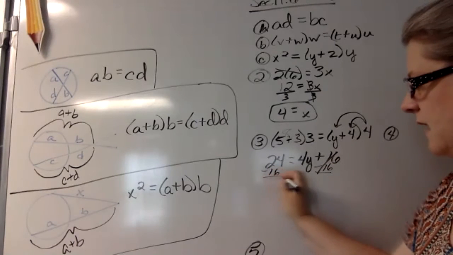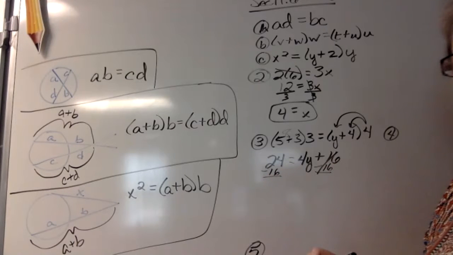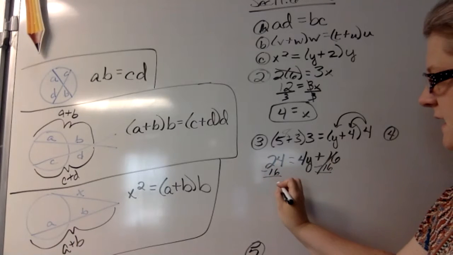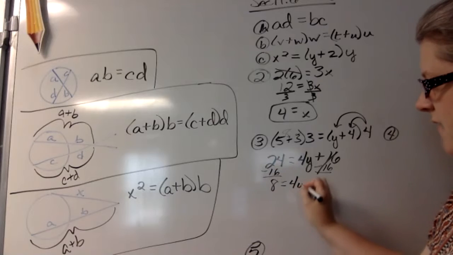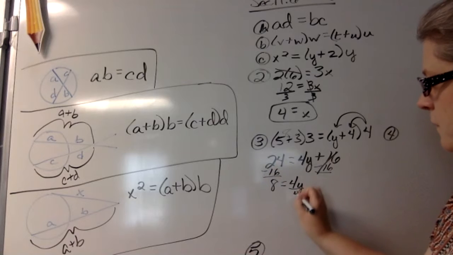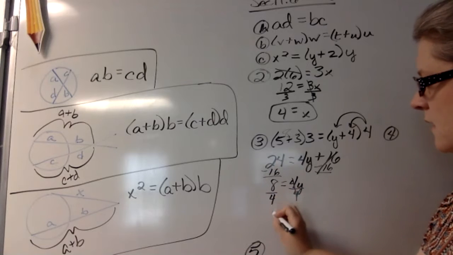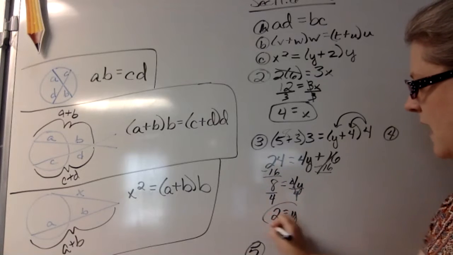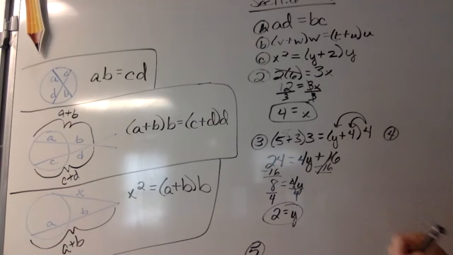Whatever I do on one side of the equation, I do to the other. 24 minus 16 is 8. So I have 8 is equal to 4y. Y is still not by itself. Divide by 4. So 2 is equal to y. So that means that little piece of my segment on the secant at the bottom was a 2.